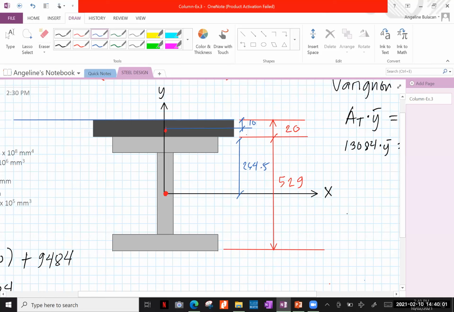Now, distance nung centroid dun sa reference point. So 264.5 plus 20 is 284.5.